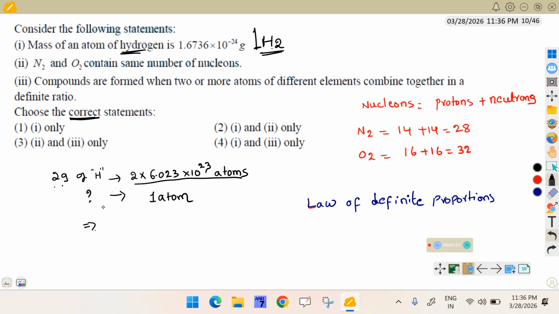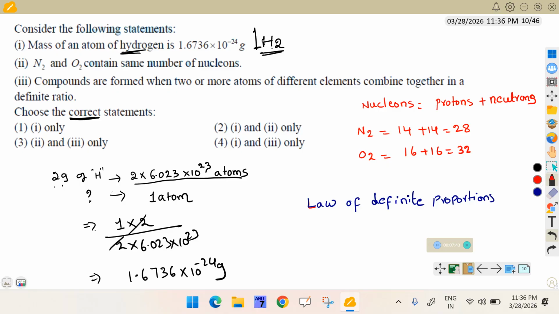Now 1 atom is 2 by 2 into 6.023 into 10 power 23. 2 cancel, then simplify, you will get 1.6736 into 10 power minus 24 grams. So first statement is correct, no doubt.